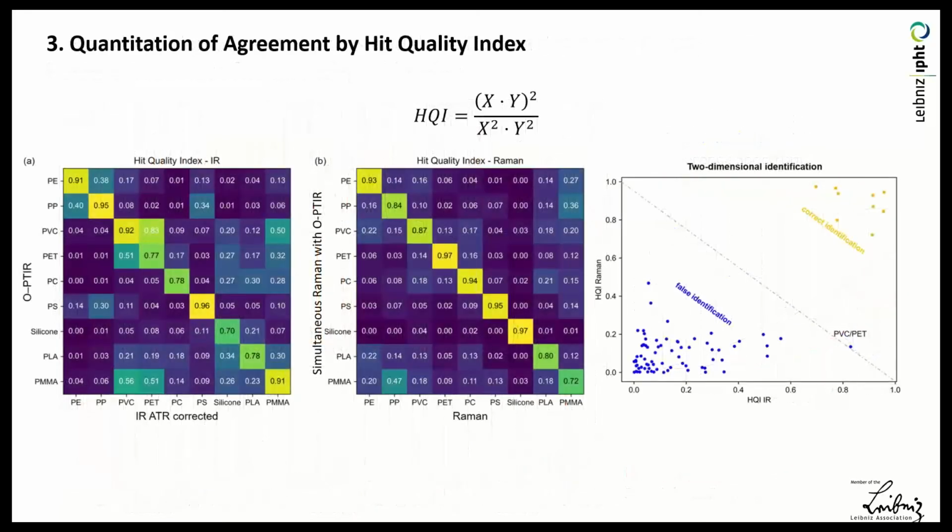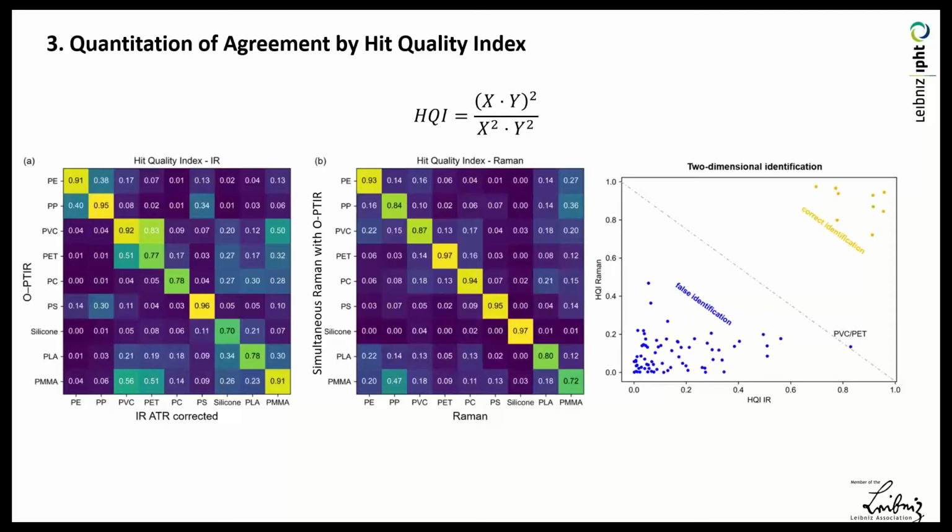Yeah, and we not only want to qualitatively compare the spectra, we also compared the spectra quantitatively. We calculated here the hit quality index. That's the product squared divided by this product.